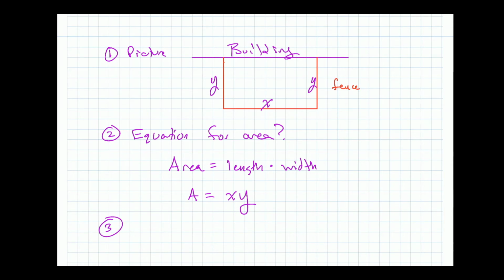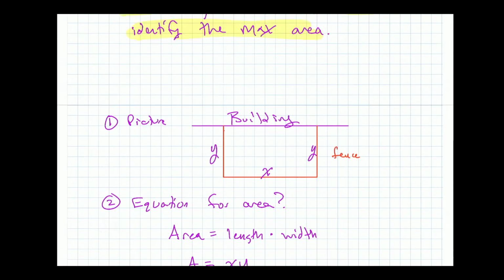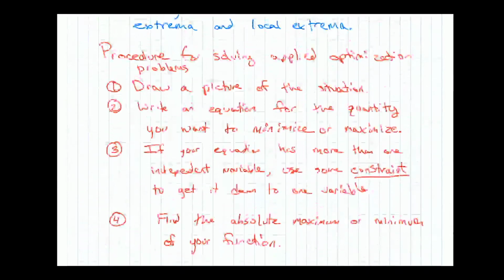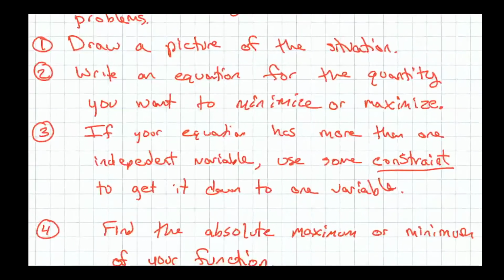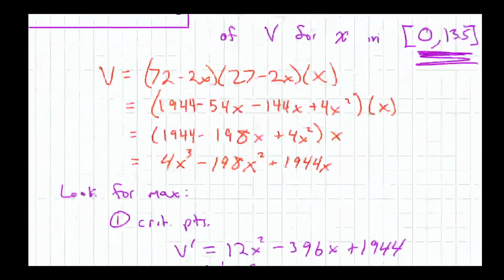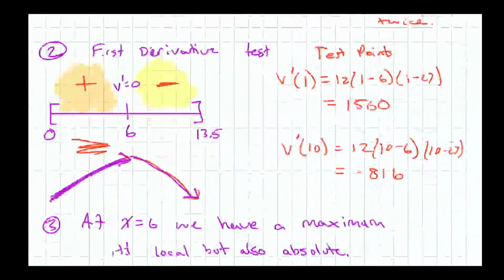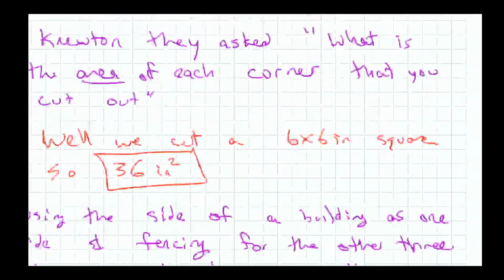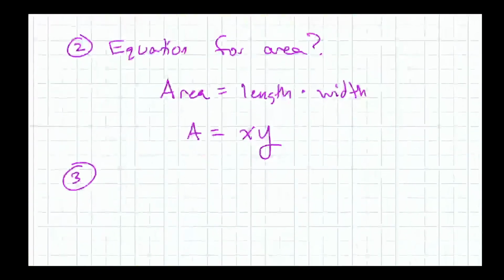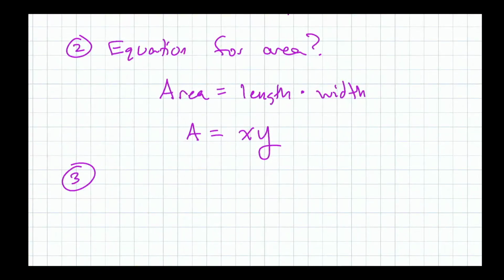Now, let's move on. What's the next thing? If your equation has more than one independent variable, use some constraint to get it down to one variable. This is the thing that we haven't had to do before. Now we have to do it. What we have is area is X times Y. We can't have that.